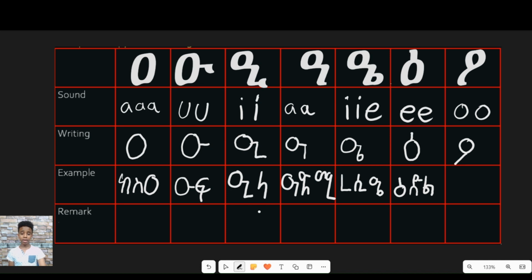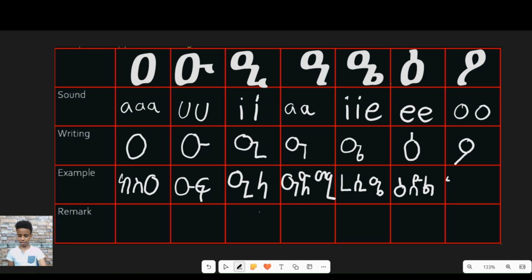Our last example is from the letter O. And the example we have for the letter O is, okay, it's a pretty long one, so you're gonna have to hang on for me, okay?